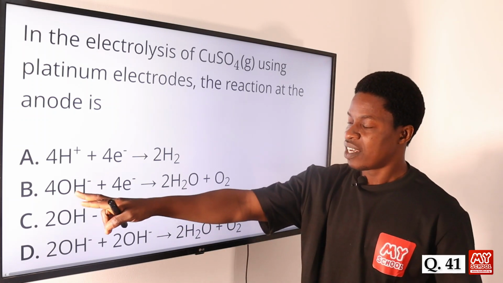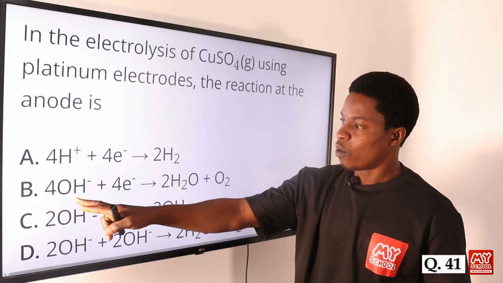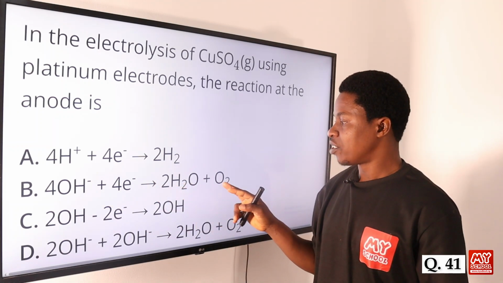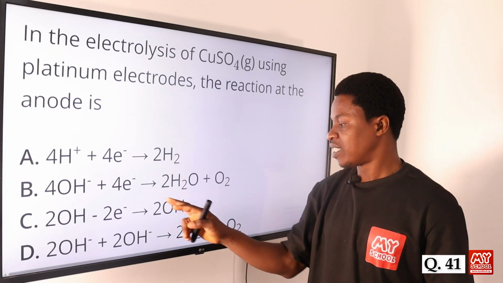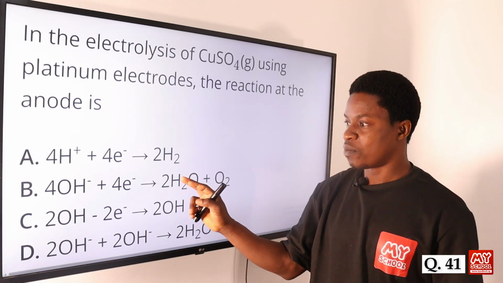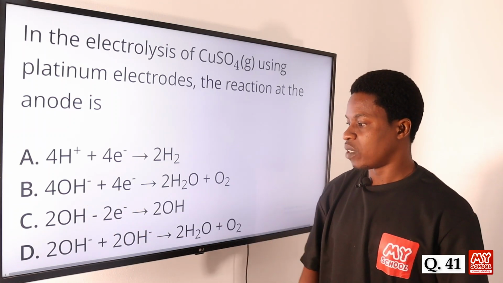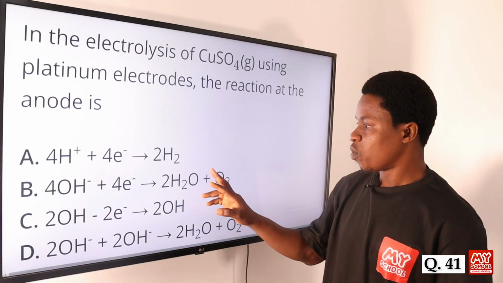If you look at option B, we have 4OH minus, then we have water and addition of oxygen, so oxidation is taking place here. Water is being oxidized to produce 4 moles of OH minus and then 4 electrons.